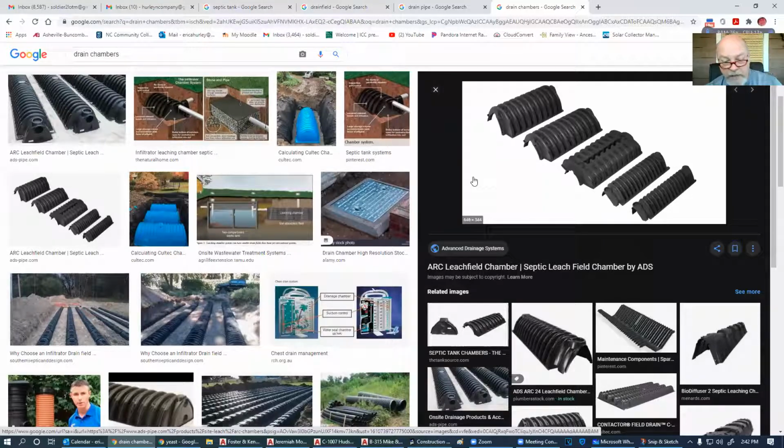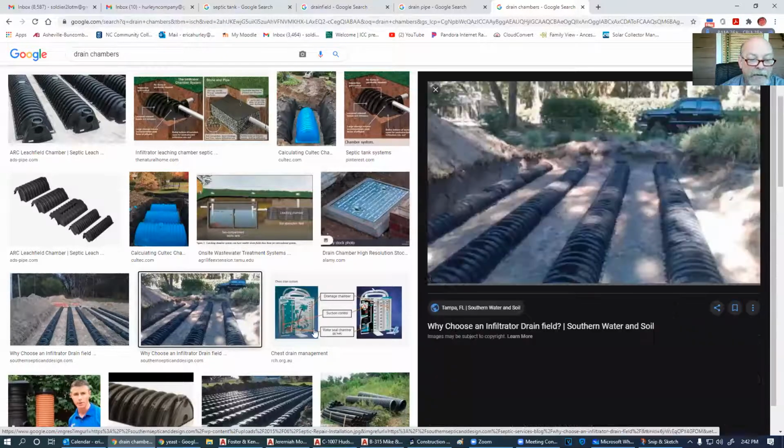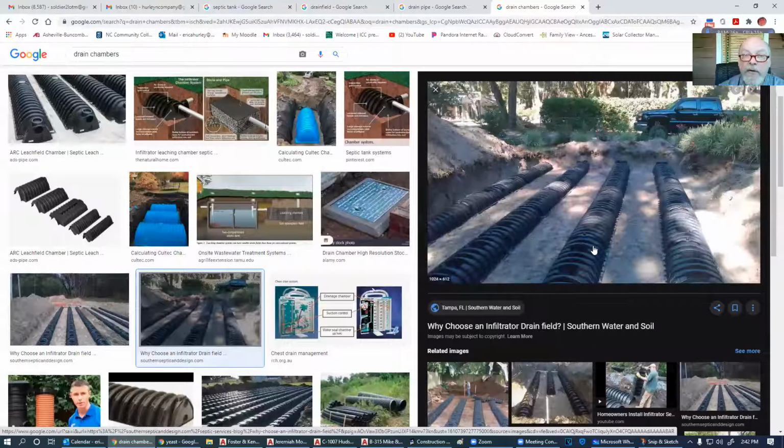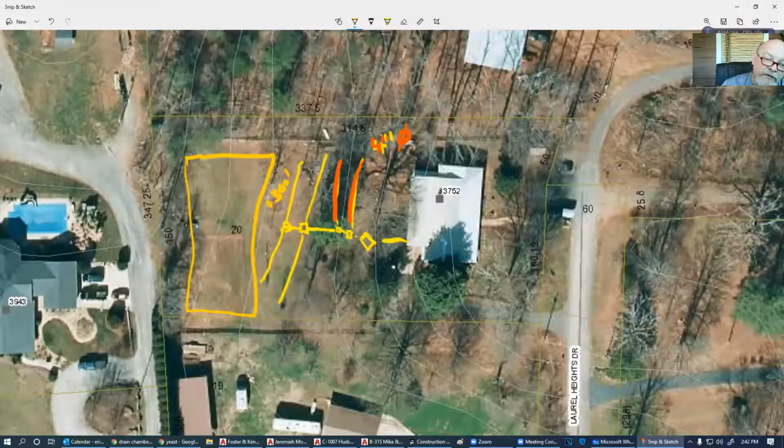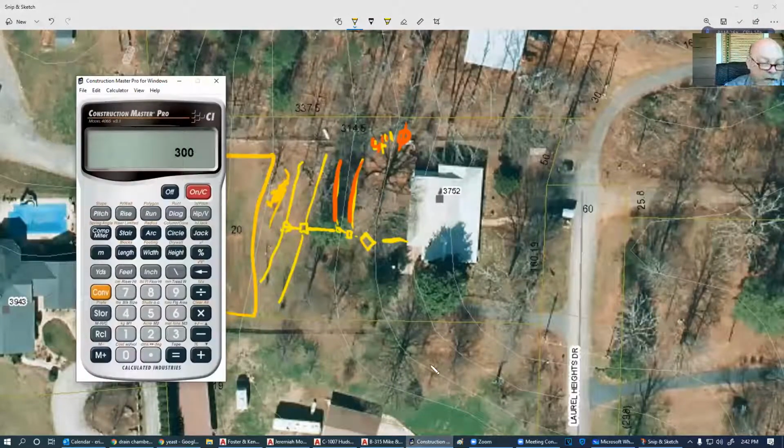These are all chambers. Now, by using a chamber system, I don't have to have as much. We call this an 85% reduction system. So instead of 300 feet, let's see what we have to have. 300 feet times 0.85 equals 255.